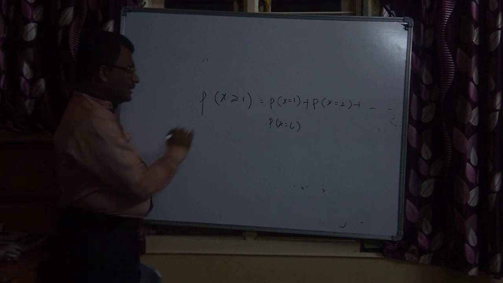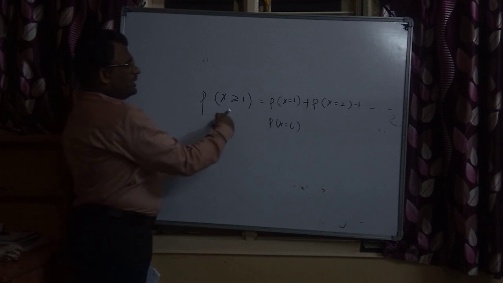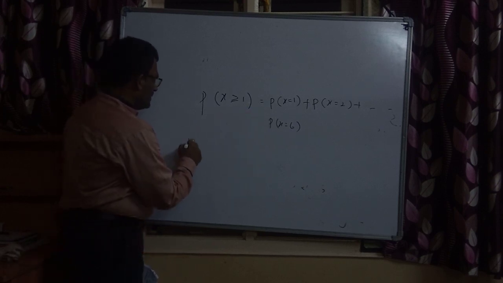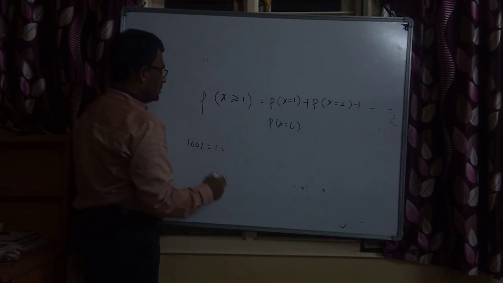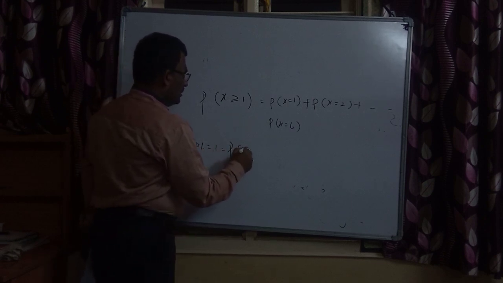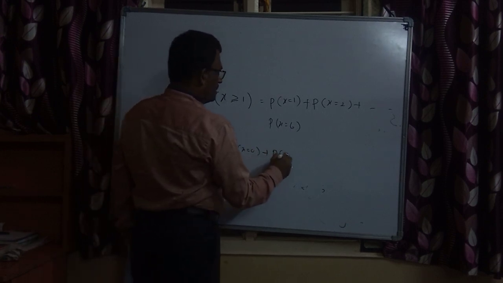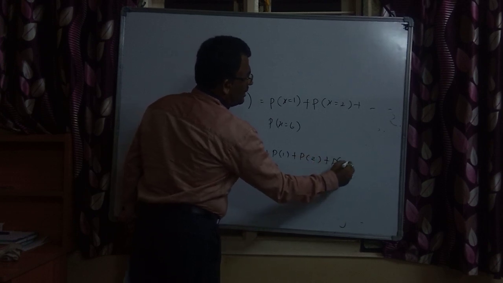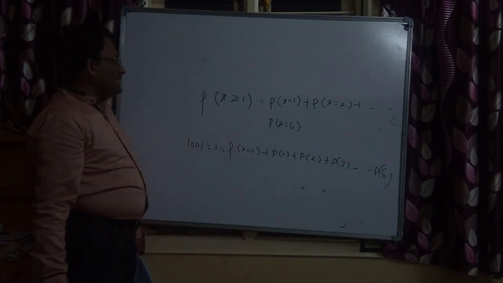To avoid that, let me use a simple conceptual understanding of what more than 1 refers to. Any probability, if you say 100%, is equal to 1. This is equal to maybe 0, complete failure, or maybe 1, or 2, or 3, up to 6. What do I need?